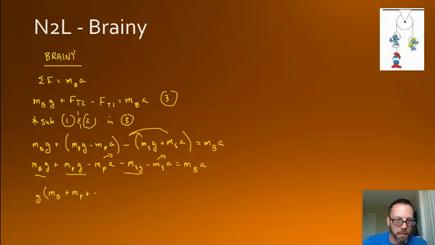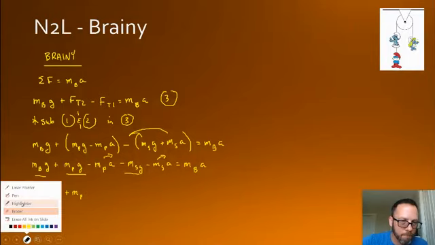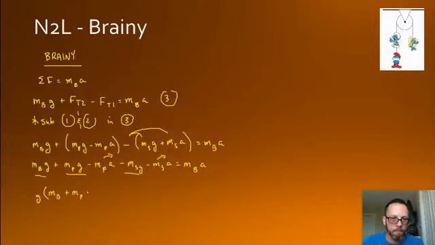MB plus MP minus MS. And on the right, we're going to have all A terms, and we'll be able to remove an A from each of them. And so we'll have MB.